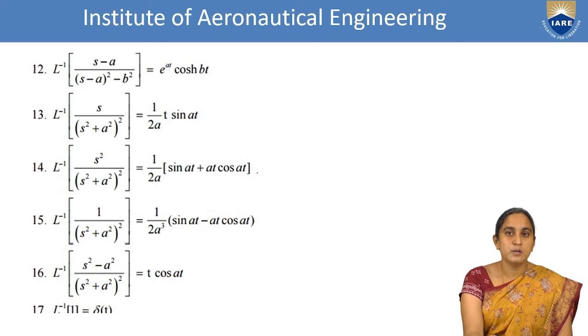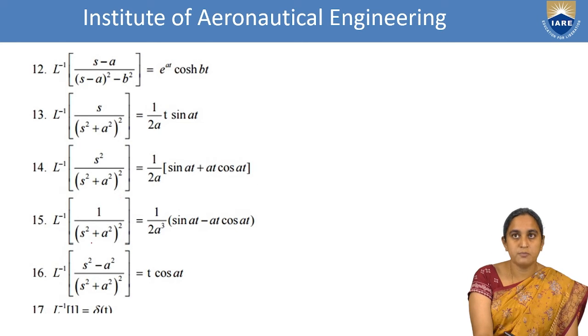For that case the formula is 1 by 2a into sin at plus at into cos at. And the 15th formula, Laplace inverse of 1 by s square plus a square whole square. For that case 1 by 2a cube into sin at minus at into cos at.